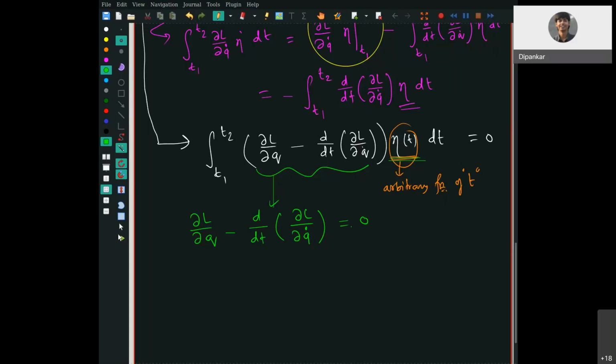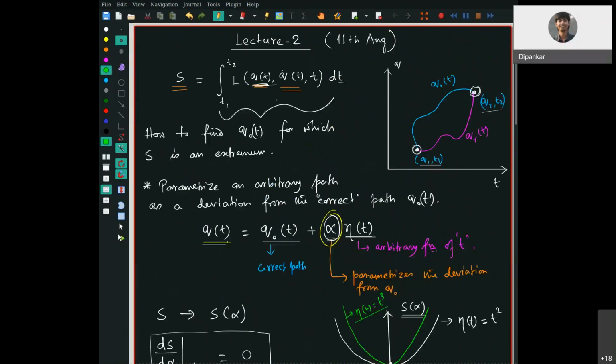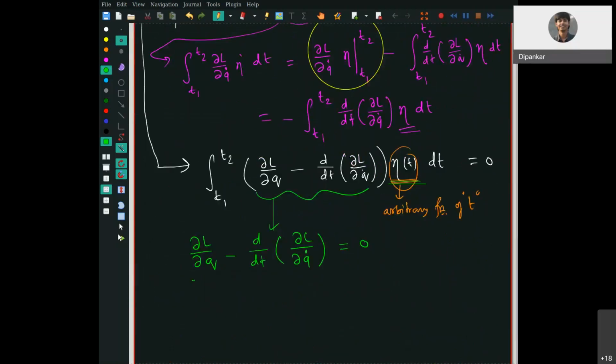So now the answer to your question, how to find the correct path such that this s is a minimum or a maximum or a constant, whatever, along q0 t, is that if s is defined as the integral of L dt, then the correct path is such that if you calculate these combinations of derivatives along the correct path and this combination of derivatives is 0, then that path will give you the correct path.